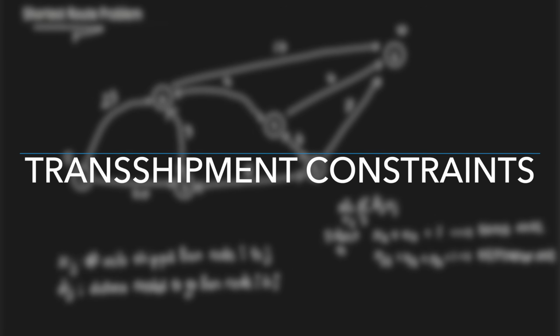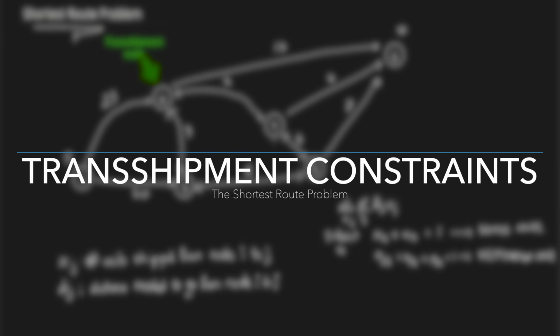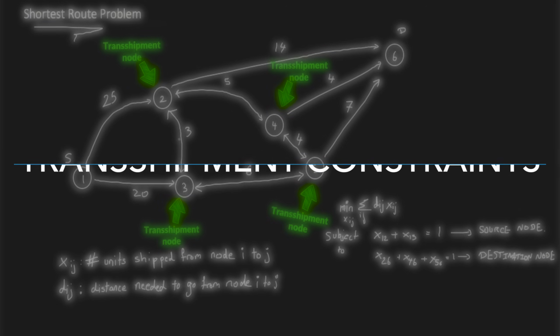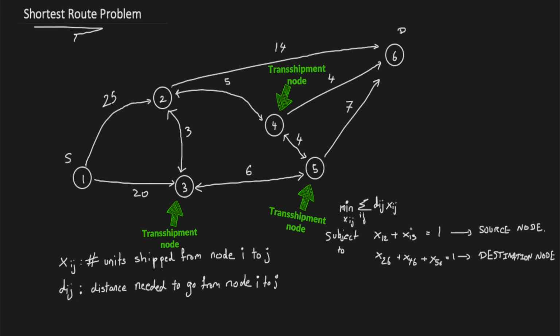Now we've got 4 more constraints, 1 per transshipment node, okay? And for that, we're going to follow the same logic here. So if I stand at any node, now if that node is part of the optimal route, it means that the optimal route passes through this node. Let's say for the moment that node 4 is part of the optimal route, right?